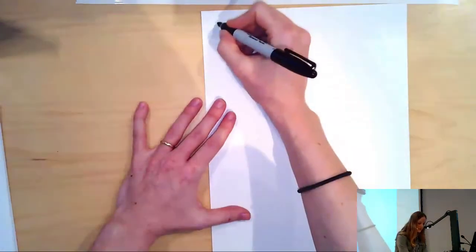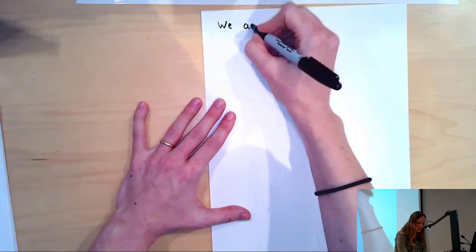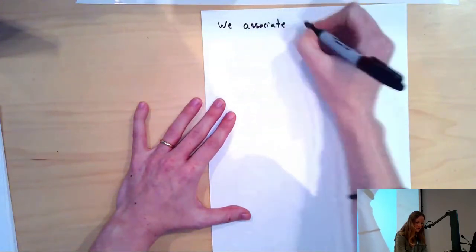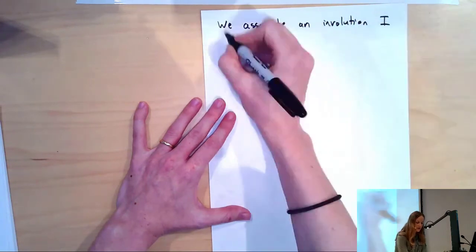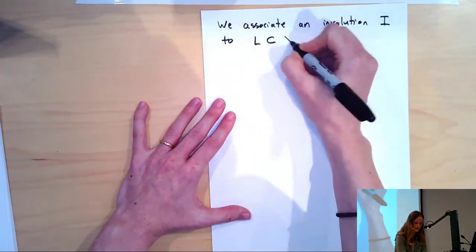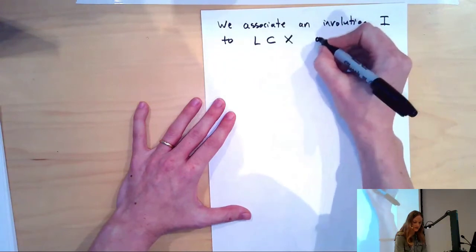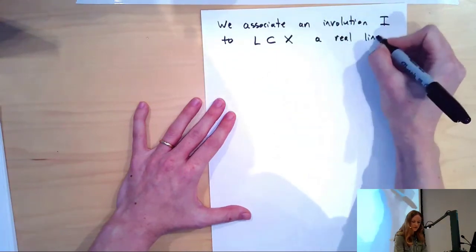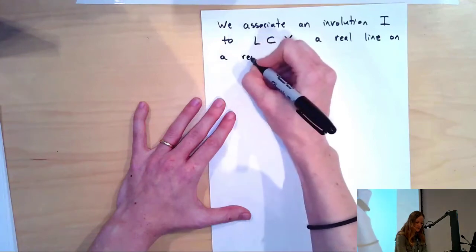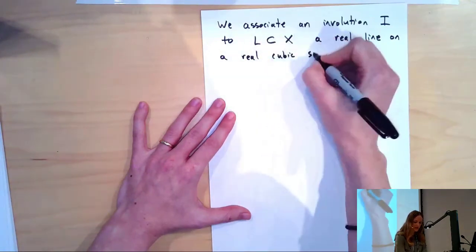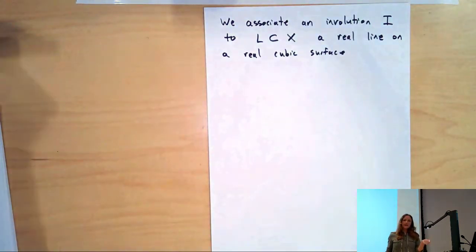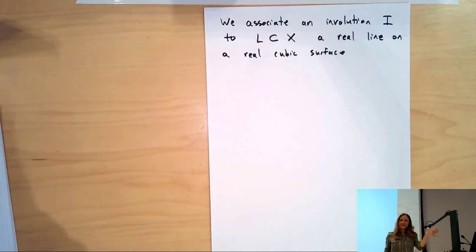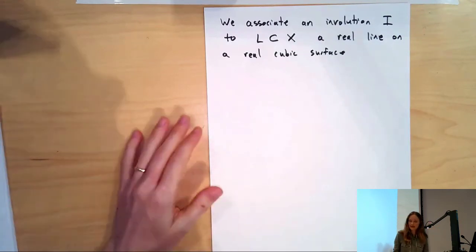So we associate an involution I to a real line on a real cubic surface. This involution, for every point on the line, there's going to be a unique other point that has the same tangent space to the cubic surface, and the involution will swap them. And let's see why that's true.